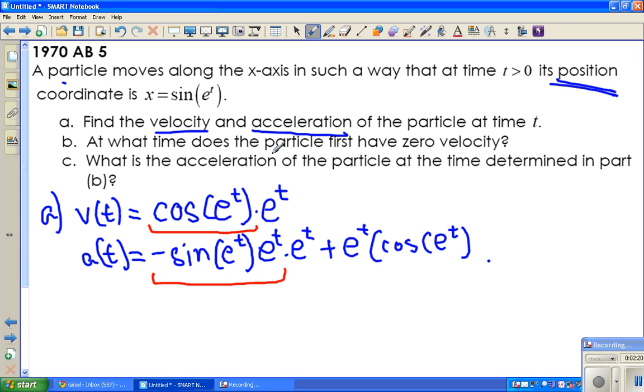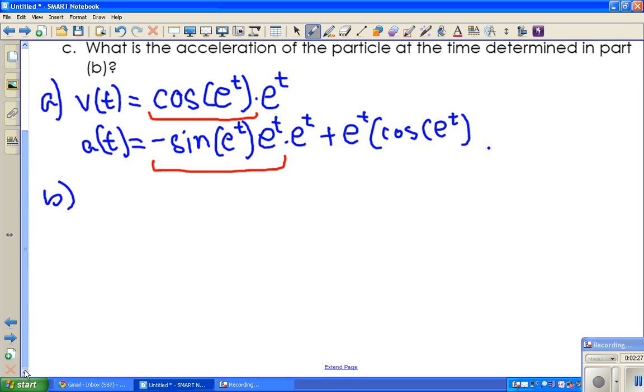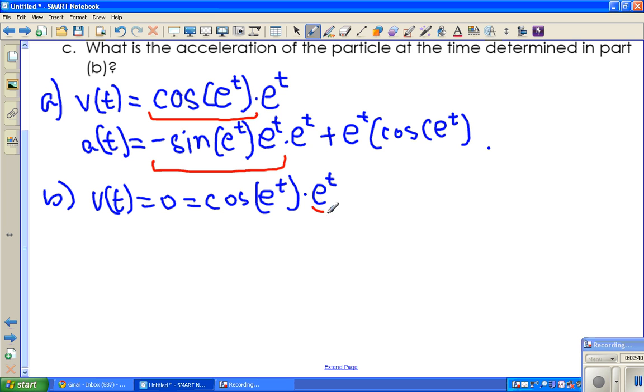B. At what time does the particle first have zero velocity? In order for us to answer B, we just have to set v of t equal to 0. That means, when do we have cosine of e to the t times e to the t equal to 0? You will realize that e to the t will never be equal to 0 as long as t is a real number.